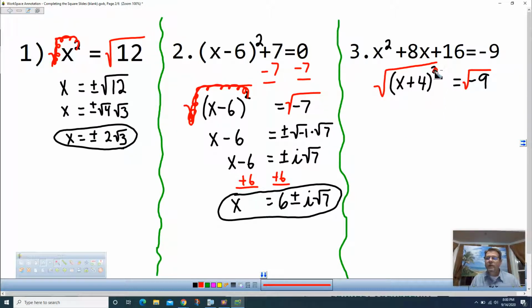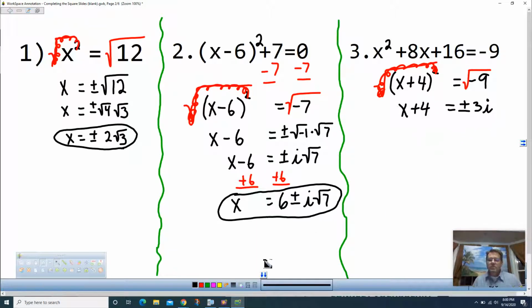But let's finish off this one first. So here we go. We got our square and square root. They cancel each other. And so you're left with x plus 4 equals, what's the square root of negative 9? 3i. So we got plus or minus 3i, because the square root of a negative is just the same thing there, except you have to put the symbol for imaginary on the end.